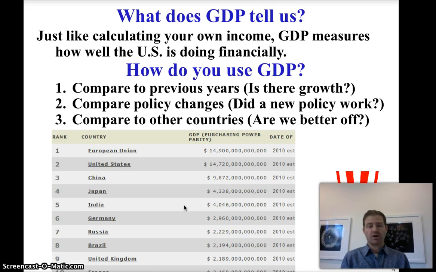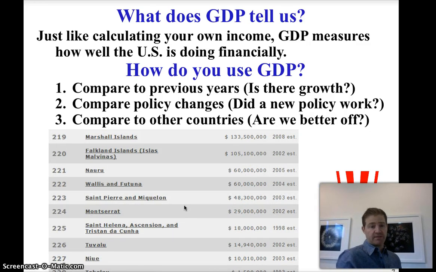But again, we're going to look in a future slide at how this doesn't quite tell the whole story, because you can see that China is number 3, but China has 2 billion people, and the United States only has 350 million people. So even though those two numbers look fairly close to each other, the standard of living in China is not even close to the United States yet.